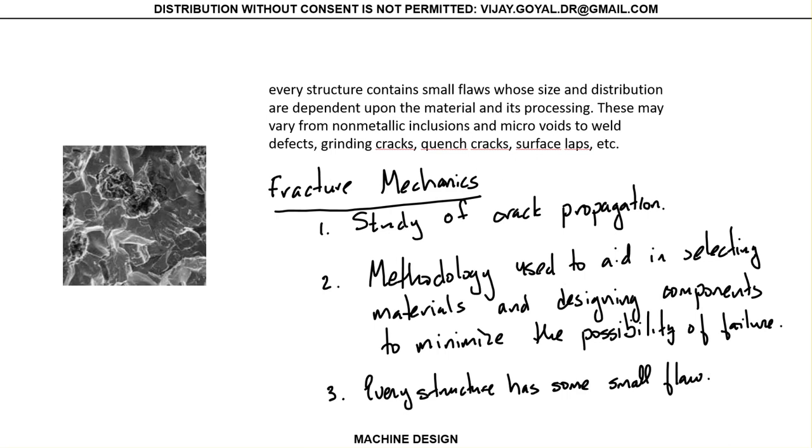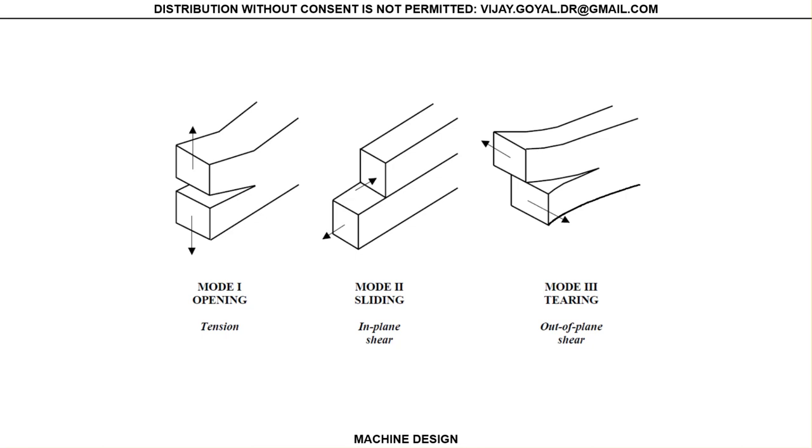Fracture mechanics is based on three main modes. We typically call them mode 1, mode 2, mode 3. Think about a plate that has an edge crack, and you're pulling on it. Immediately you can see how this crack is going to tend to open up, and that's going to look like mode 1.